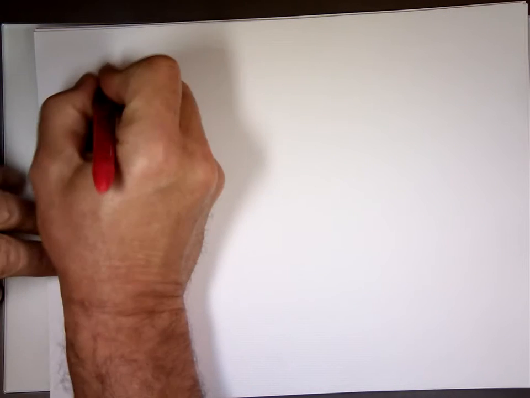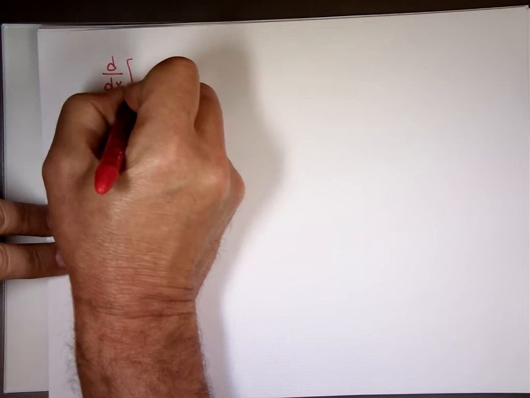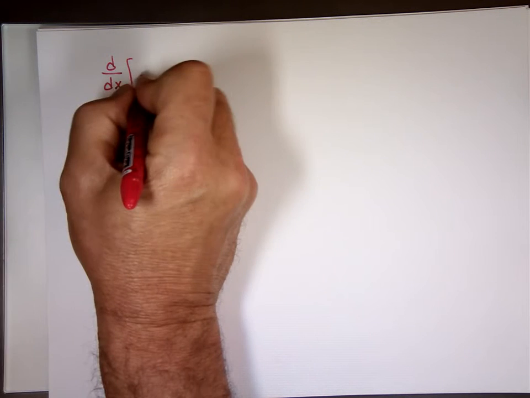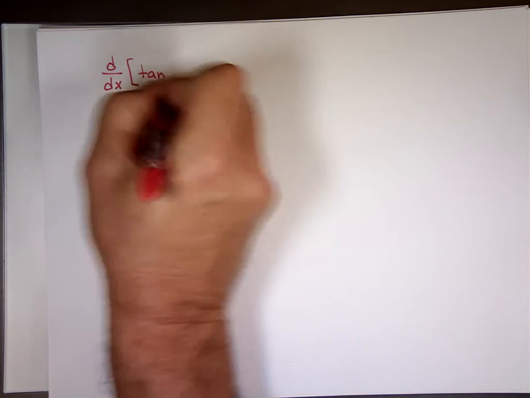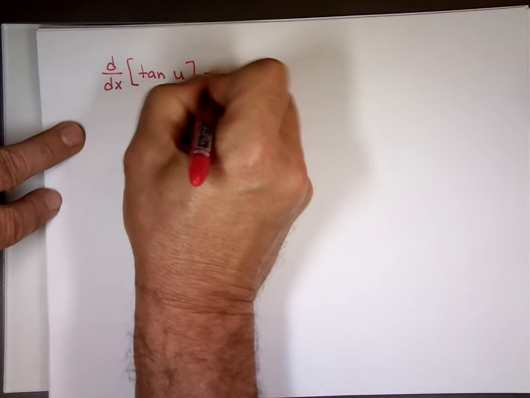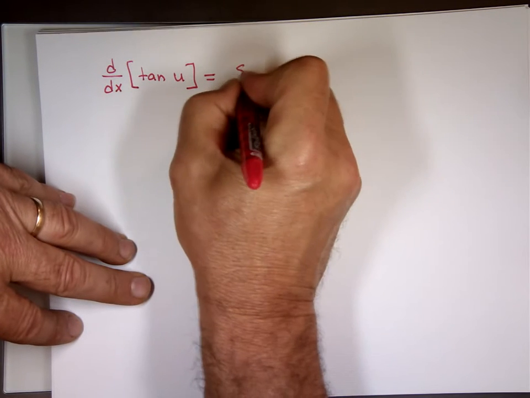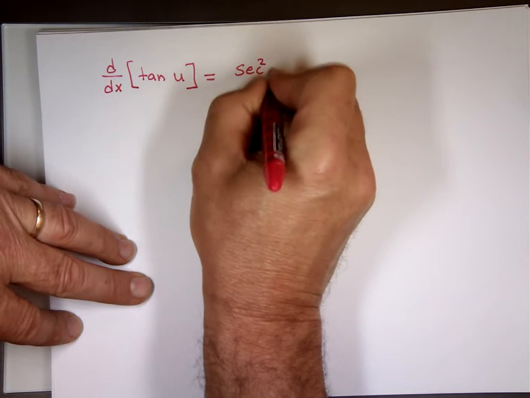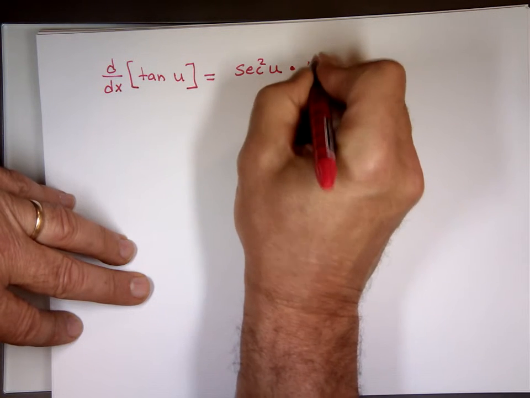What is the derivative, I'll make it in red here, of tangent u? Isn't that secant squared u? But now you're going to multiply it by what? U prime.